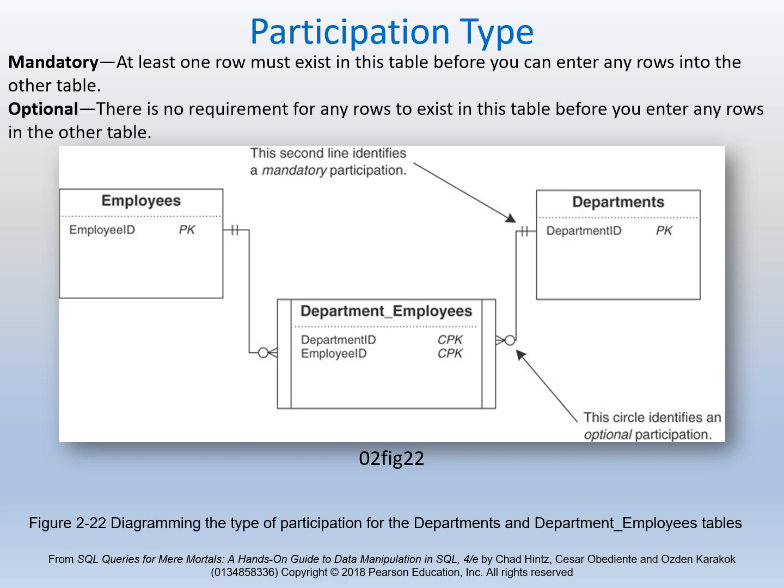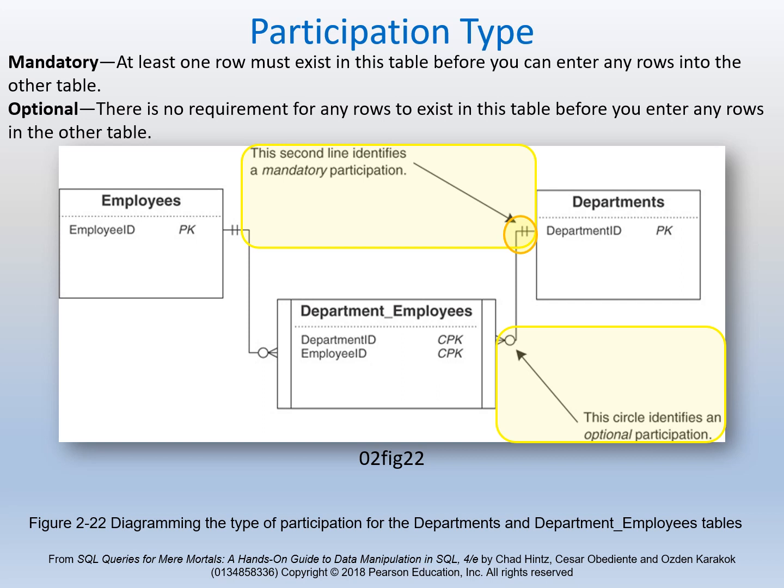An optional participation type does not require a row in the other table, the subordinate table. If we look at this example, the second tick mark here indicates mandatory. If we look at the circle here, it indicates optional.